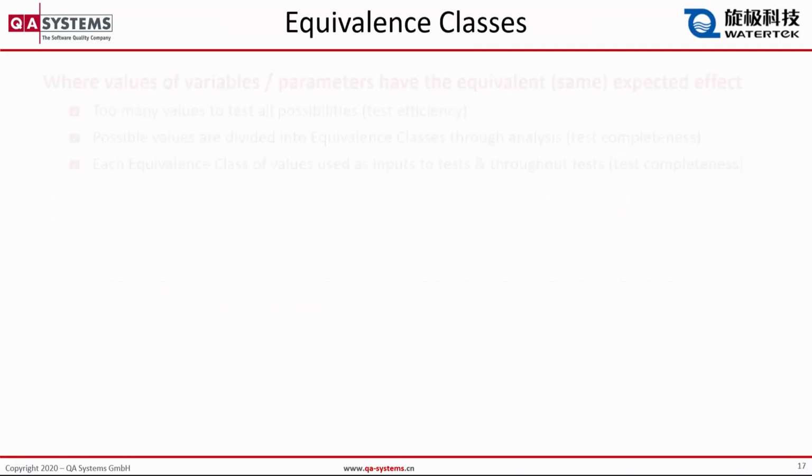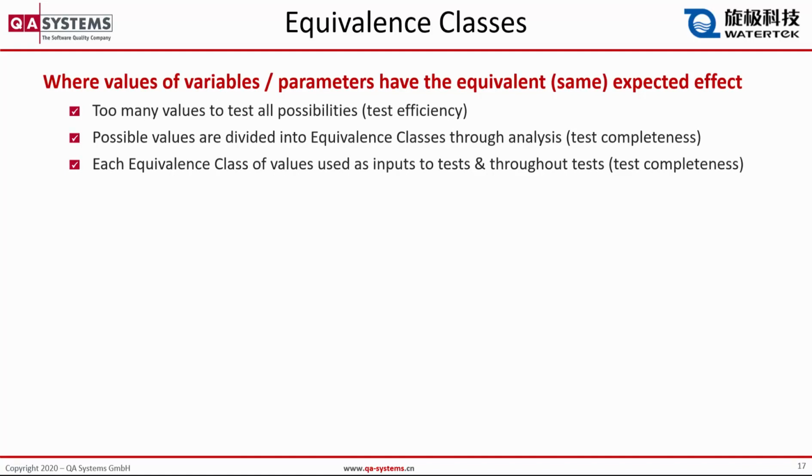Equivalence classes. Equivalence classes are where variables or parameters have the equivalent, i.e. the same expected effect. Now there are always too many values to test all the possibilities of a variable holding potentially tens of thousands of values. The combinatorial effect of several variables can be extremely large. So possible values are divided into equivalence classes through analysis.